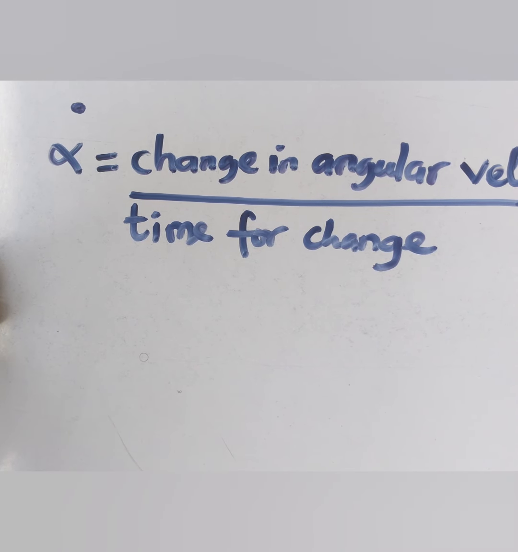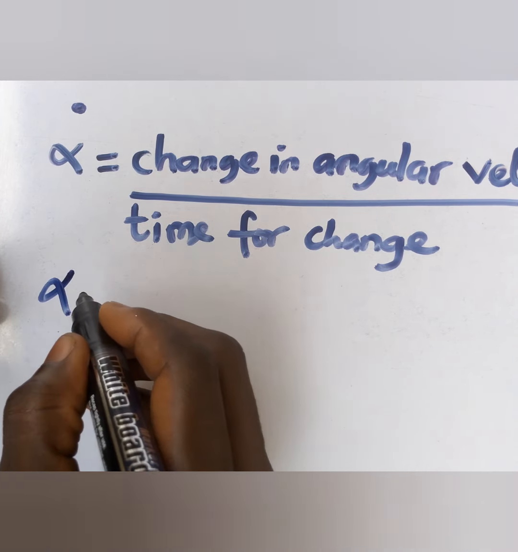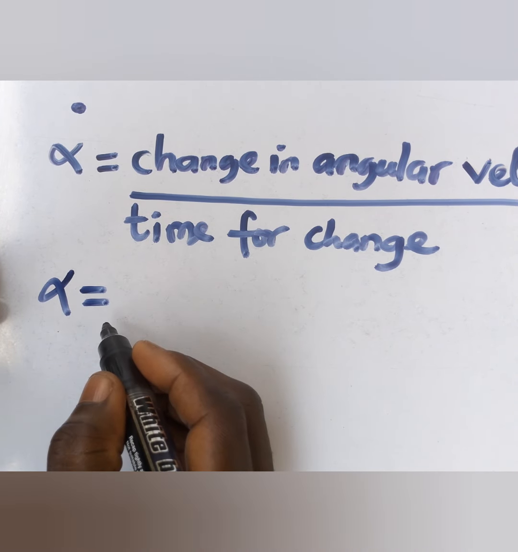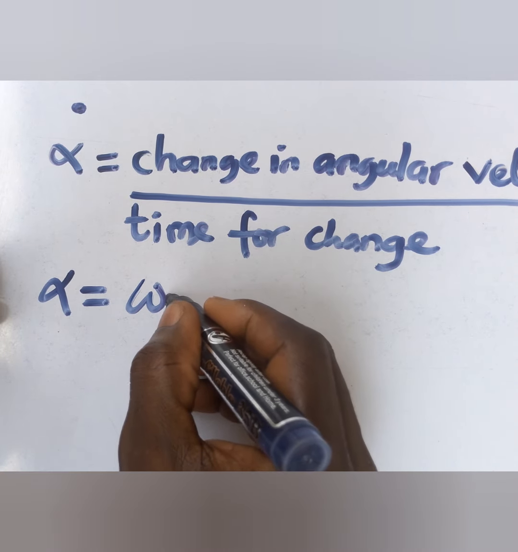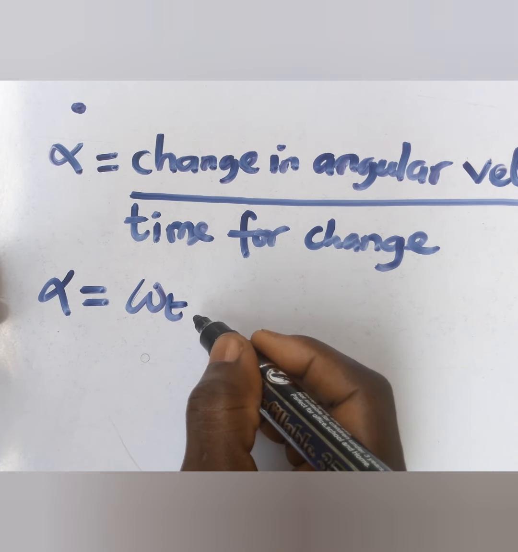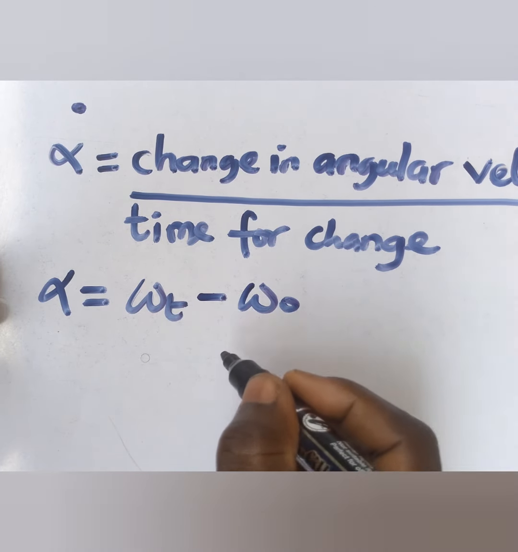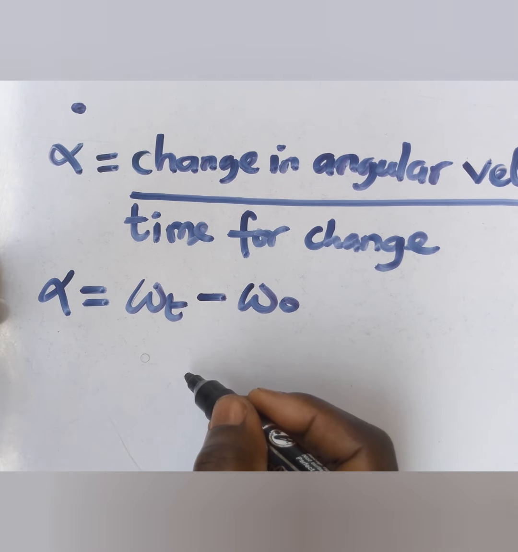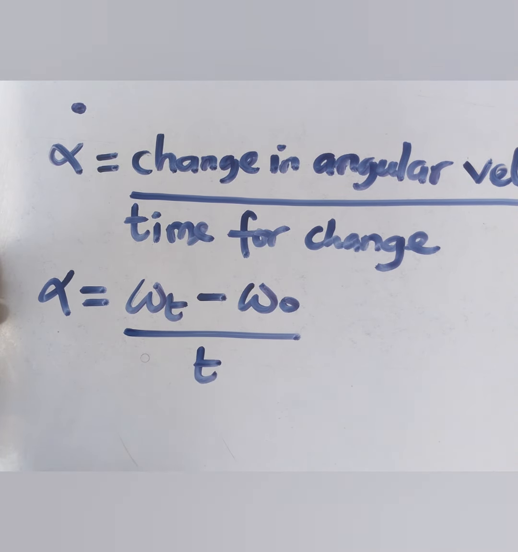So I can write that our angular acceleration is equal to final angular velocity minus initial angular velocity, just as we do for linear acceleration, that is final velocity minus initial velocity, then divided by the time taken.